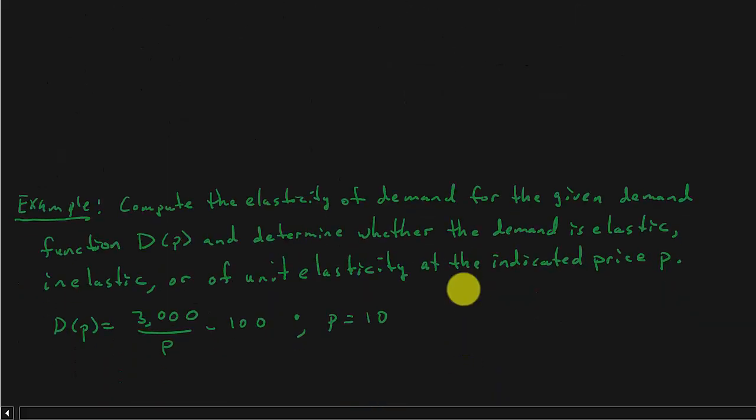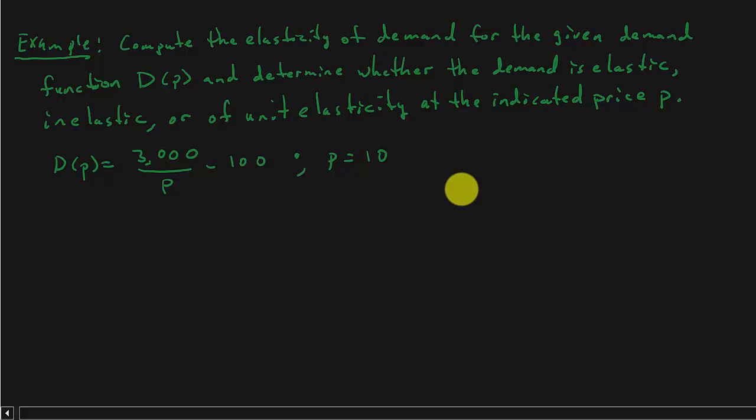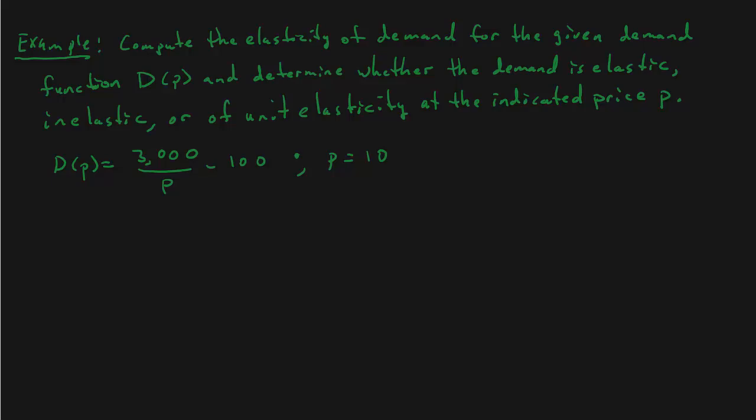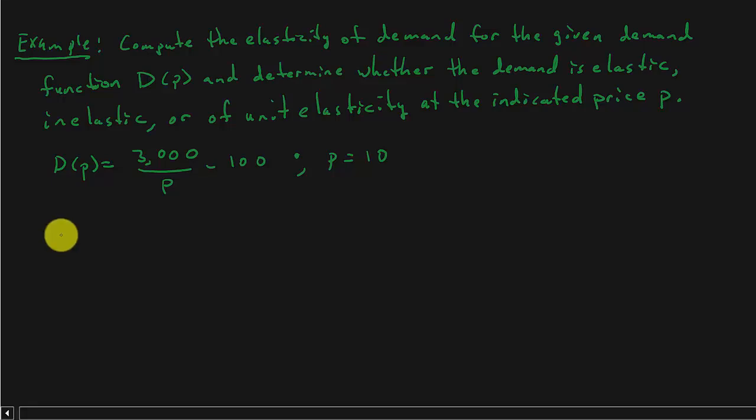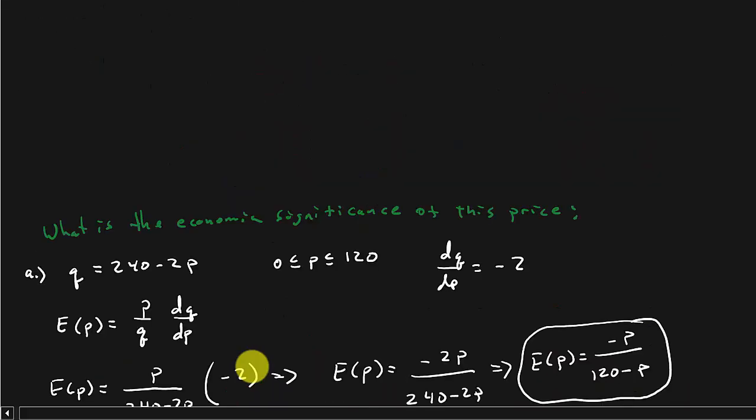All right, let's look at some more problems. So this is going to be, I guess, similar to the one we just worked. Compute the elasticity of demand for the given demand function D of P and determine whether the demand is elastic, inelastic, or of unit elasticity at the indicated price P. Basically, we've got Q equal to 3,000 over P minus 100.